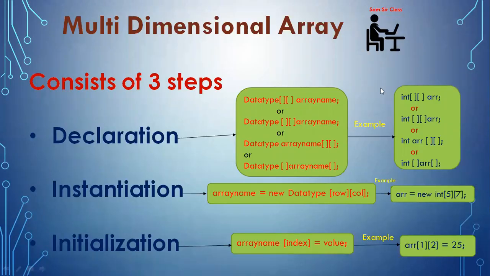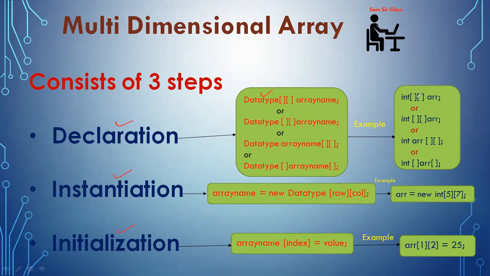Next we will discuss regarding the multi-dimensional array in Java. Okay, so like your one-dimensional array, this also consists of three different steps, that is your declaration, instantiation, and initialization. So like 1D array, you have to use the data type, then the bracket after the data type, to tell what is the type of value I want to store in my array.